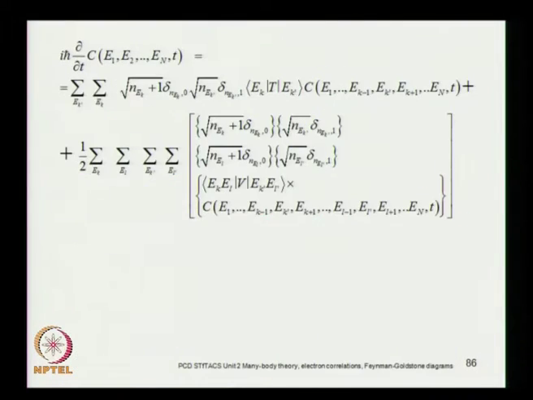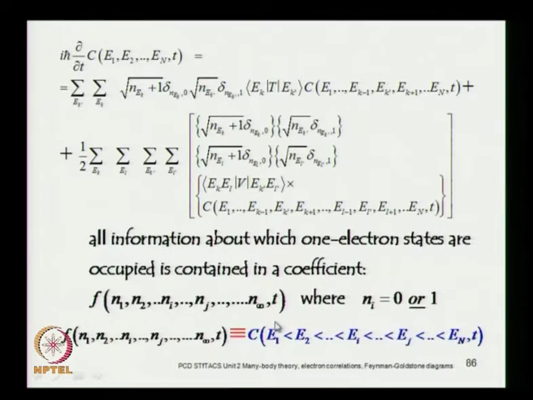So, now you have plugged in the information about the occupations, and now you have got a double summation over here and the quadruple summation over here over these 4 quantum numbers. Each quantum number is a set of 4 quantum numbers, okay, but here we write it as 4 labels, and all the information which is there in the coefficient C is in the coefficient F, as you know.